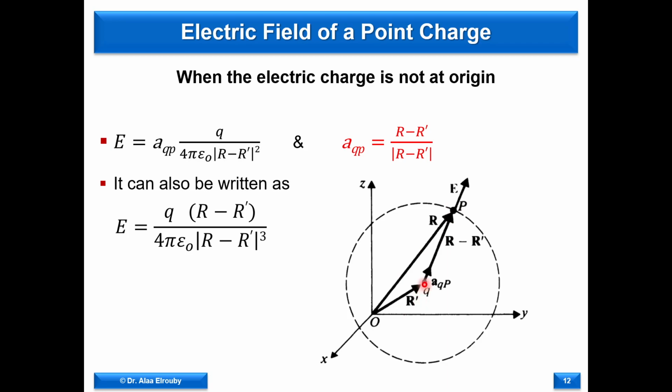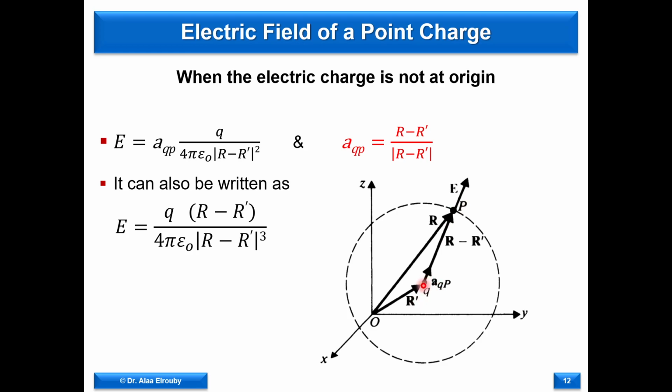Okay, so we can draw a sphere around the point charge, and we know that the electric field on any point on this sphere, we know the value and we know the direction. The direction is from point Q to point B, and the value is Q over 4 pi epsilon naught multiplied by the distance between the two charges squared.